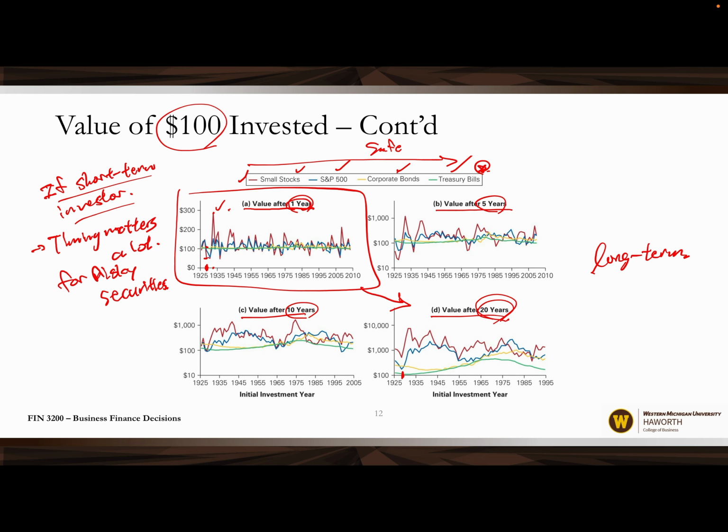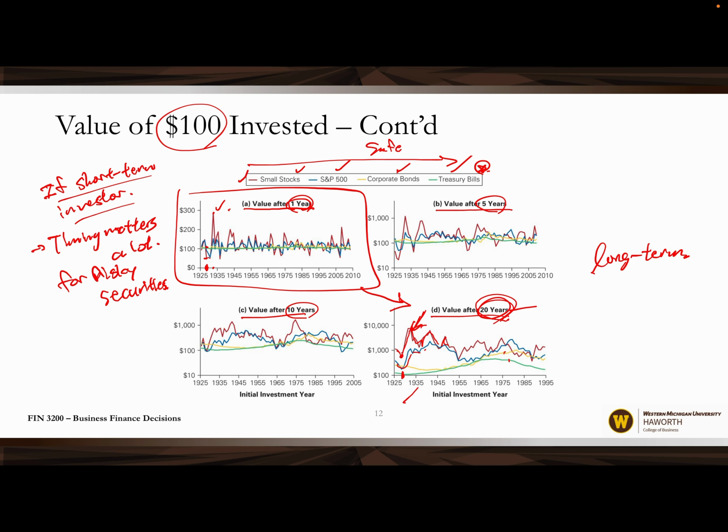But after 20 years, the portfolio will recover, and investing in something more risky, you see the red line is almost always above all the other lines, and the blue line is almost always above the yellow and green line, and so on. Okay, it just means the timing might be unfortunate, but if you invested in something risky, after many years things cancel out, and you'll have a greater balance if you put your money in something that's more risky.